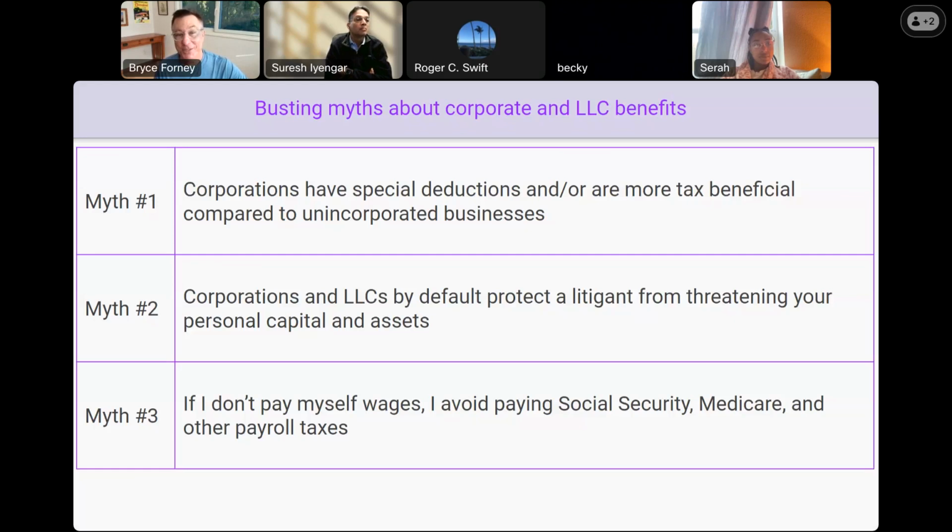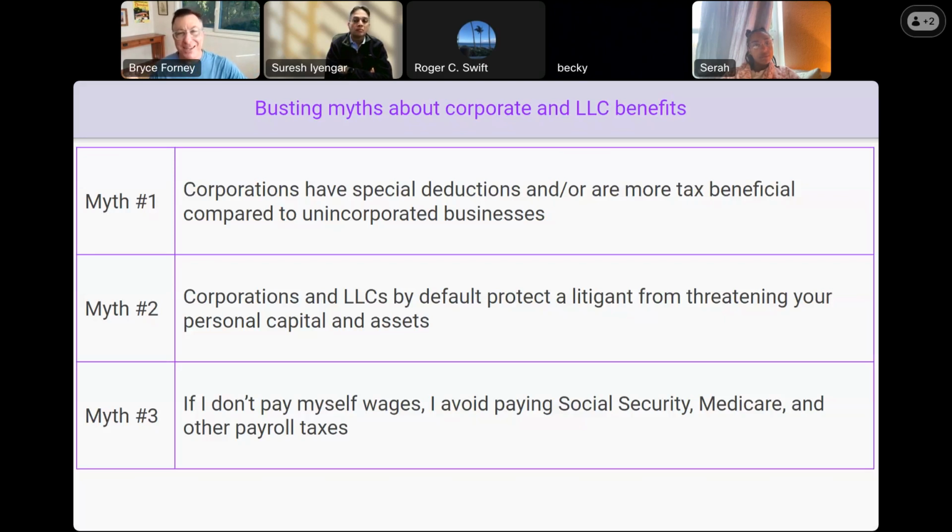And the information that I presented today is irrefutable. This is exactly how it would play out on tax returns. So if someone else is telling you that you should incorporate and that your business is going to be better off for it, you can reference this and go into specifics to reconcile what the delta is in that person's thinking.